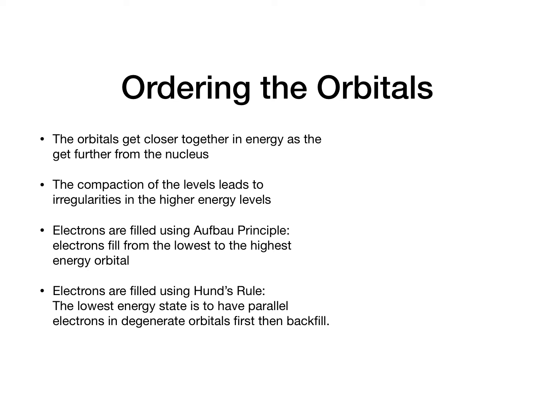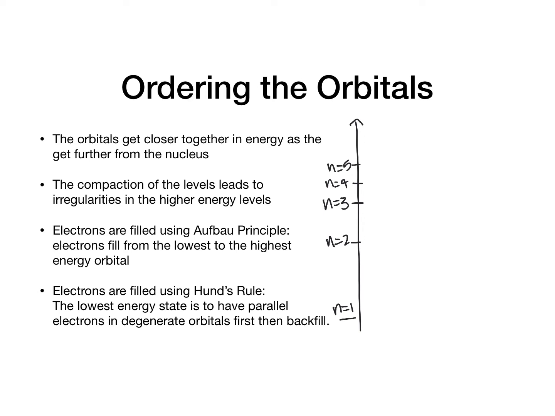So the orbitals get closer together in energy as we get further from the nucleus. So we know this to be true if we were to think about ordering just n equals 1 through n equals 5. So n equals 1, n equals 2, n equals 3. They should get closer together.